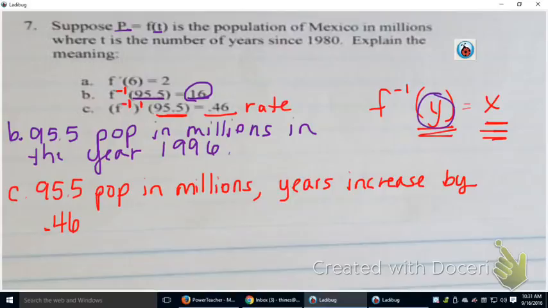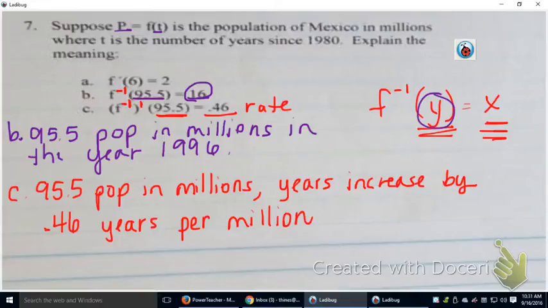And then when we talk about how much they're changing, we have to say that they increase by, instead of saying whatever y is by every x, it's x by every y. So again, we're switching that x and y. And so it increases by 0.46 years per million.